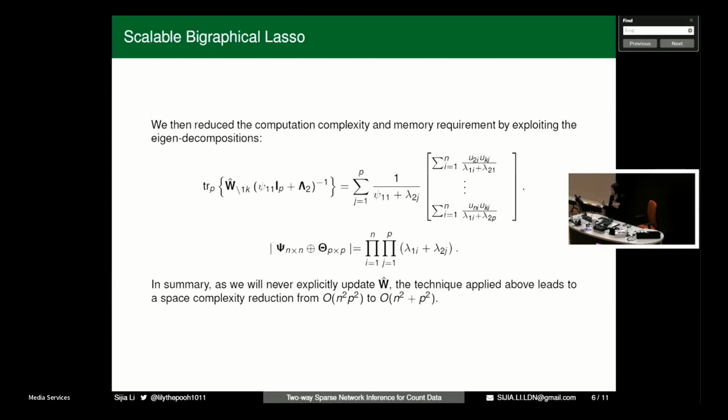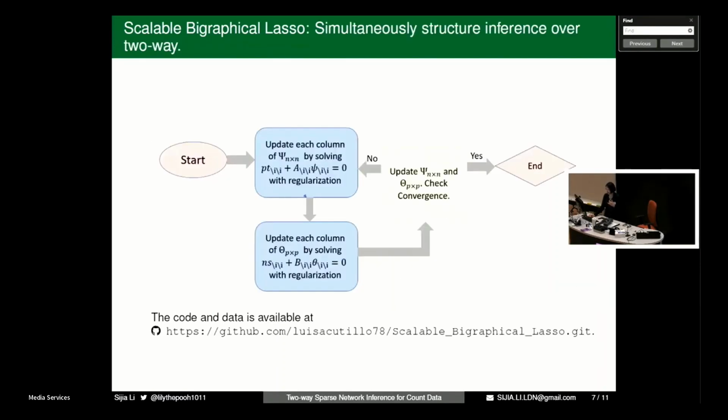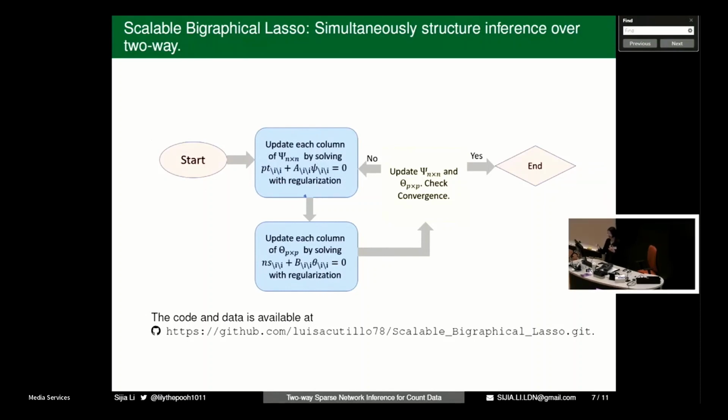We also reduce the computational complexity and the memory requirements by exploiting the eigen decompositions a bit more. This is the overall structure of the algorithm. Basically, you go through each column of one of the inverse covariance matrices, and then you move to another inverse covariance matrix and update it, and it just goes through a loop until convergence.